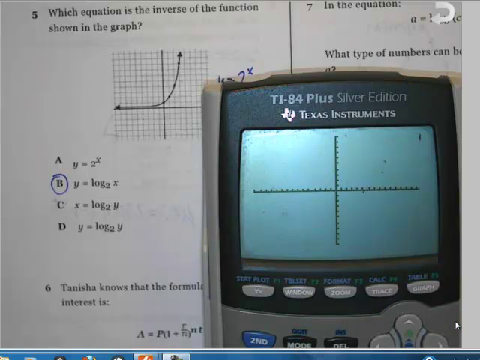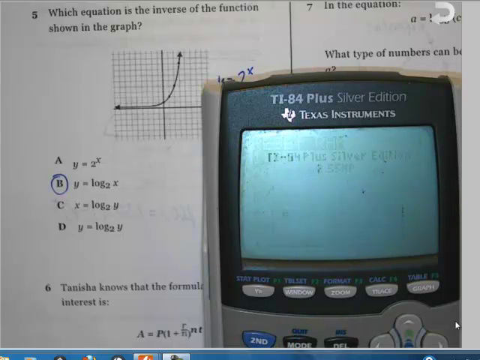And you would still get the function y is equal to x. And so there's our inverse coming up. So lo and behold, they are inverses of each other. So that was fun.